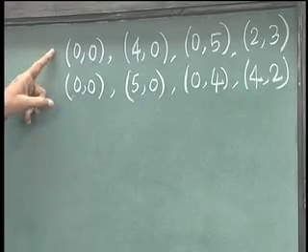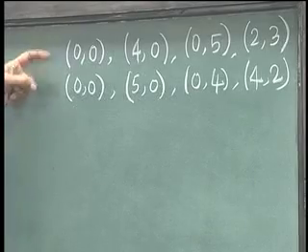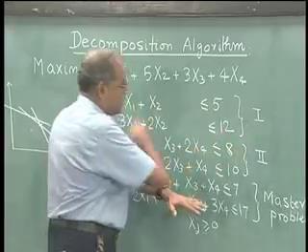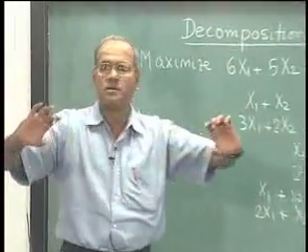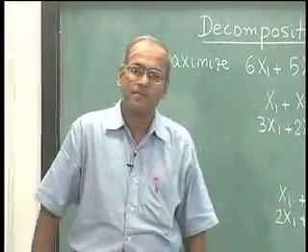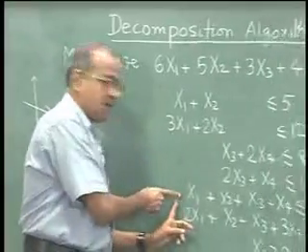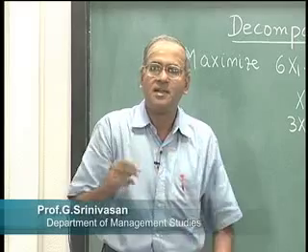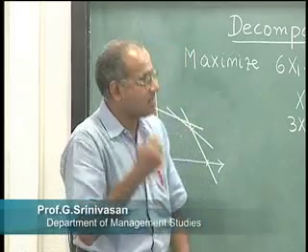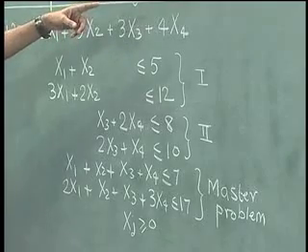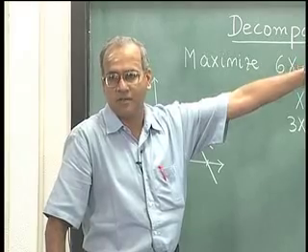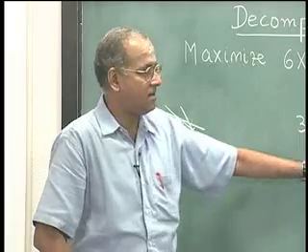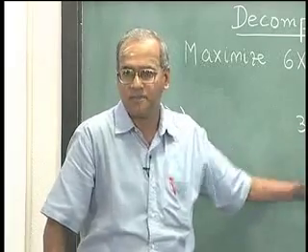But please note that these corner points are given as x1, x2 and x3, x4, even though each point has its own x1, x2, x3, x4. The fact is, by the addition of these two, if the optimum shifts and comes to a point inside the region, it still can be represented as a combination of these corner points that we are going to have. So, that is another idea that we will use in the decomposition algorithm.